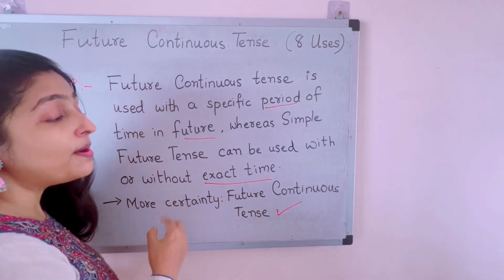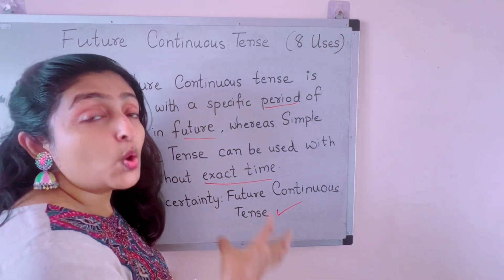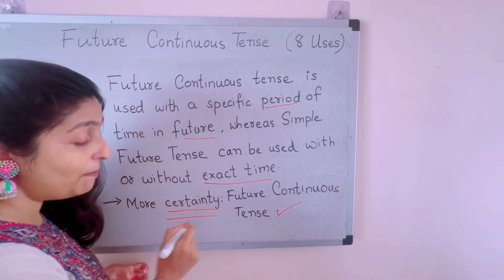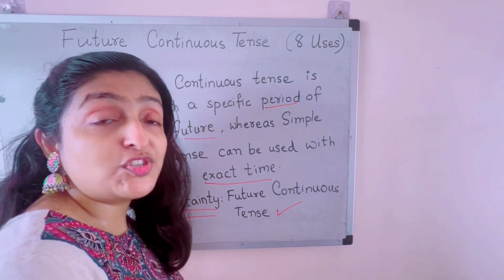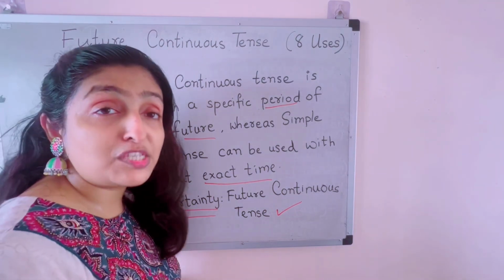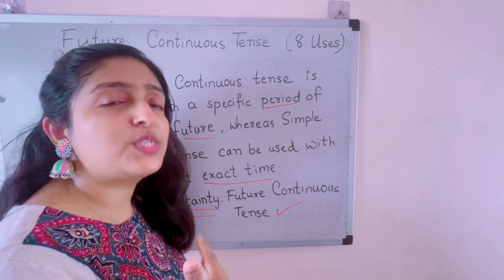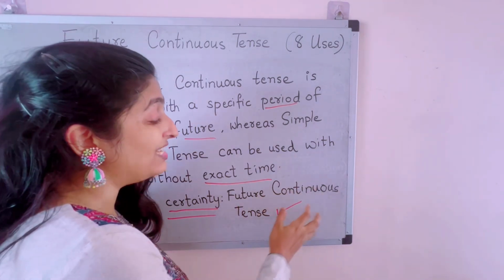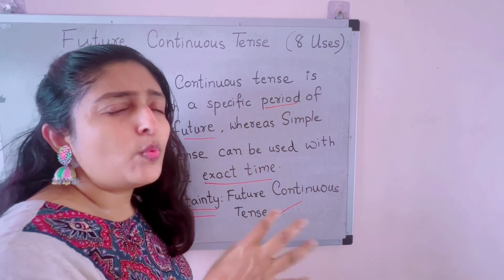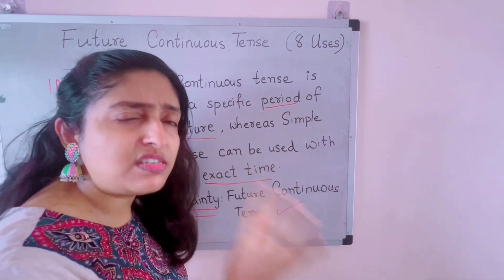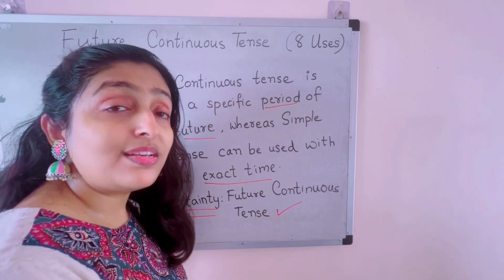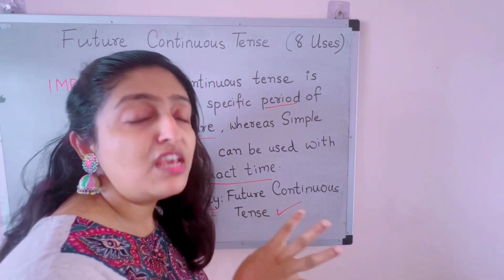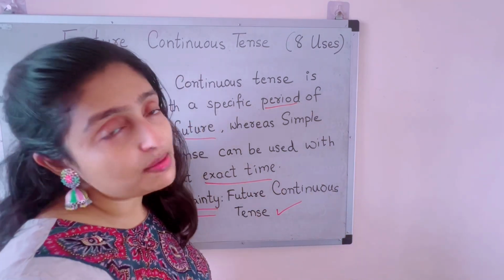Okay, we get more certainty with future continuous tense. Certainty means there is better clarity, things become more specific, time becomes clearer and specific and certain with future continuous tense. Often, we cannot get to know the exact time when we use simple future tense, and that is the main difference between future continuous tense and simple future tense.